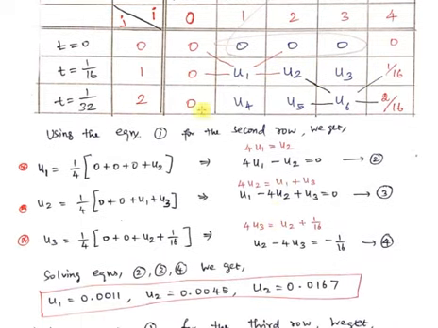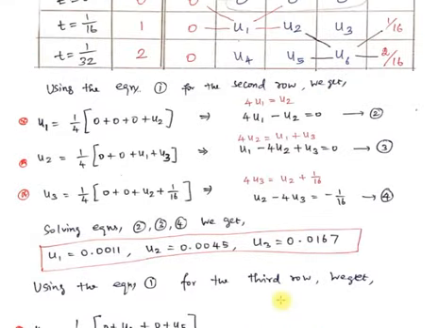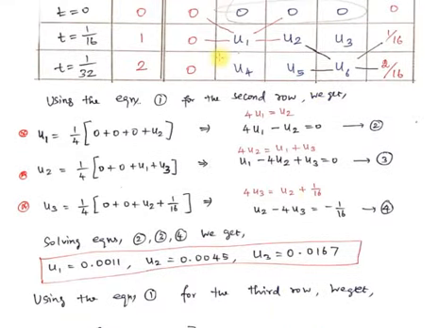Now first set we want to find out u1, u2, u3. It is the Crank-Nicolson method. So u1 equal to 1 by 4 of 4 corner values. Then u2 equal to around the 4 values. So which implies we get the three equations. Solving these three equations we get u1, u2, u3. Using this u1, u2, u3, we find out u4 as 1 by 4 of 0, u2 plus 0 plus u5.